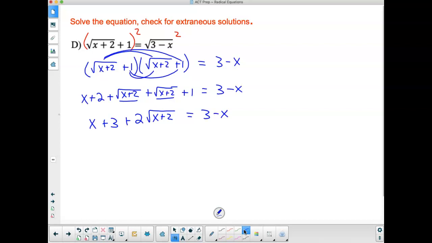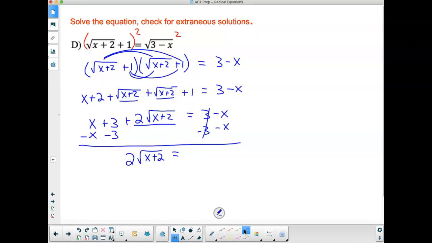Well, I want to get my square root function alone, so I'm going to subtract an x, subtract a 3, and when I do that, I get 2 square root x plus 2 equals 3 minus 3 minus x gives me 0. Those are gone, and I think that just gives me minus 2x. But notice I still have that square root function here.